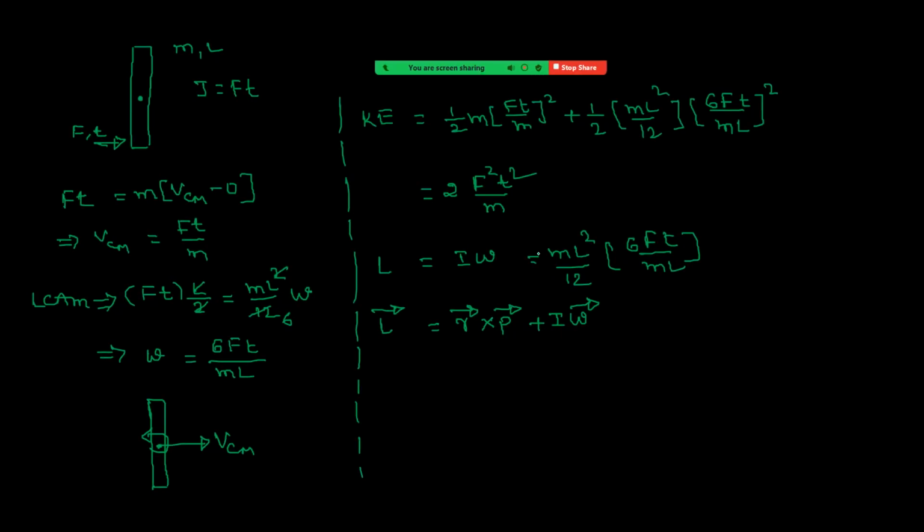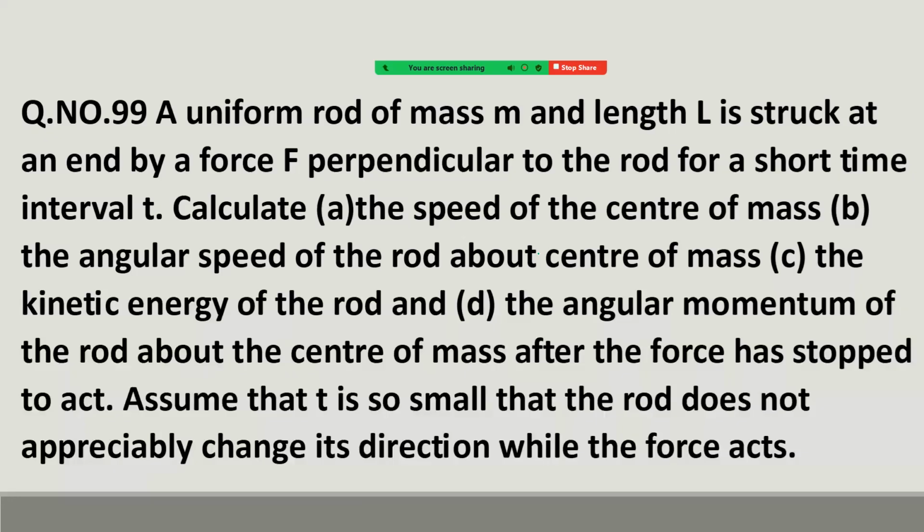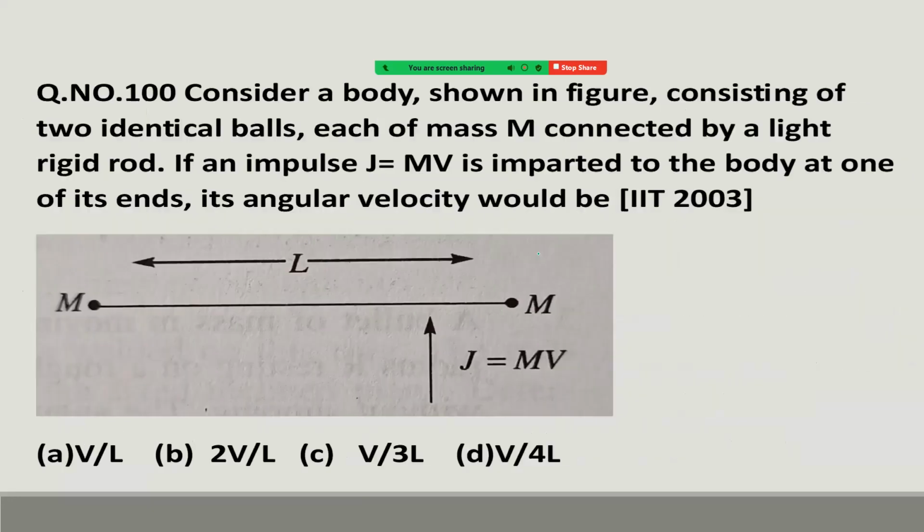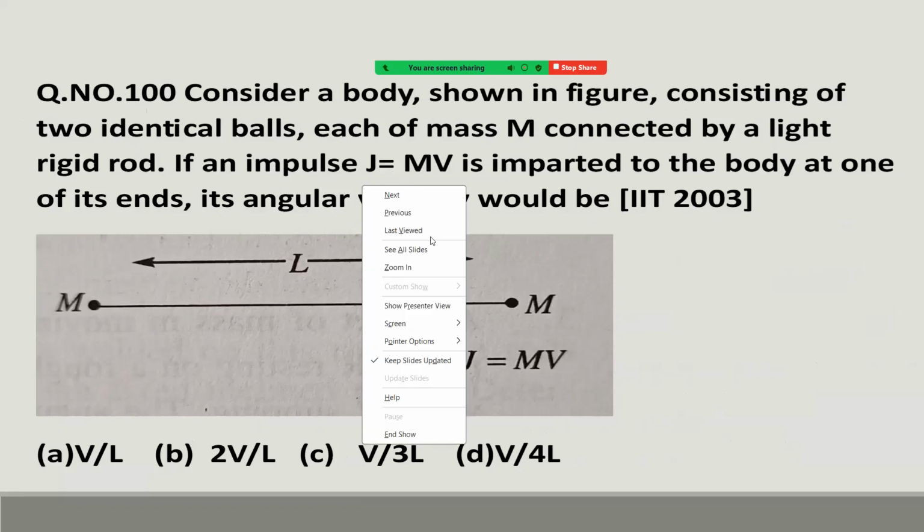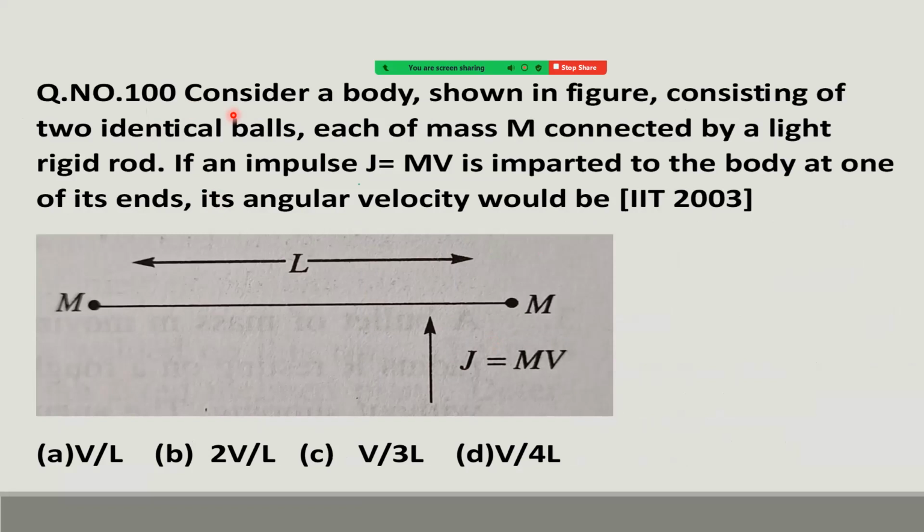Okay. Let us see next problem. Let's see the question given. Consider a body shown in figure consisting of two identical balls, each of mass m, connected by a light rigid rod. The rod has no mass.